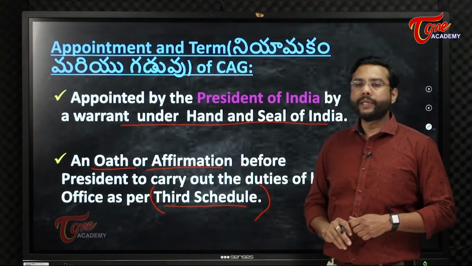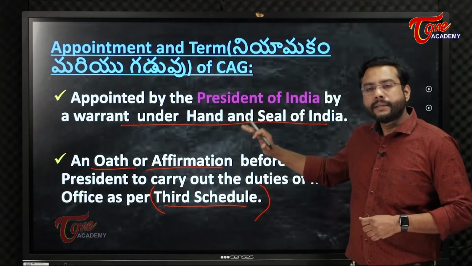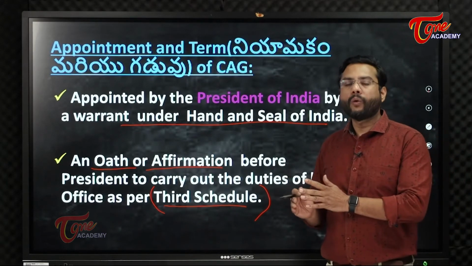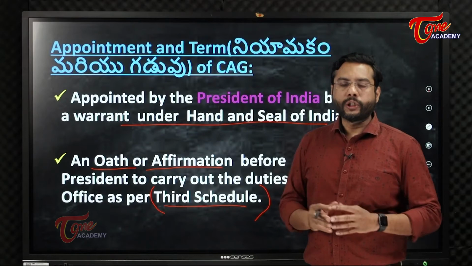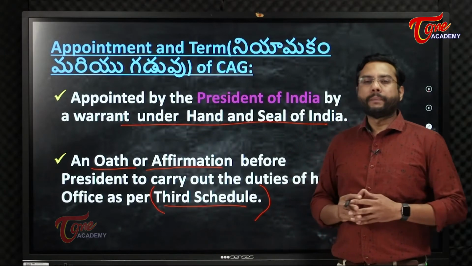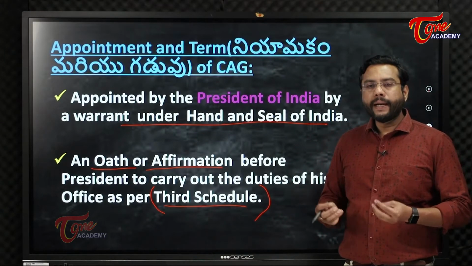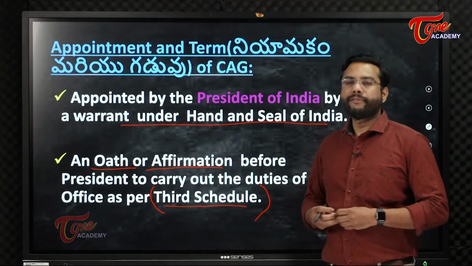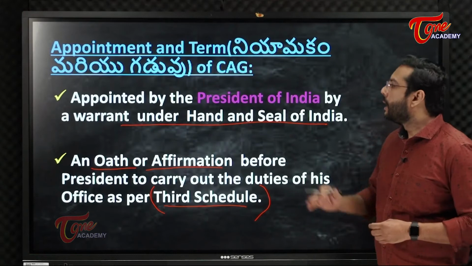All the oaths are mentioned in the third schedule, and the CAG also takes an oath. The CAG will take oath to protect the Constitution, to protect the law of the Parliament, to have integrity, to protect the integrity of the nation. So all these oaths and affirmations are also undertaken by the CAG.